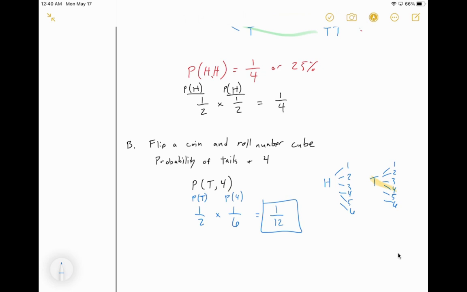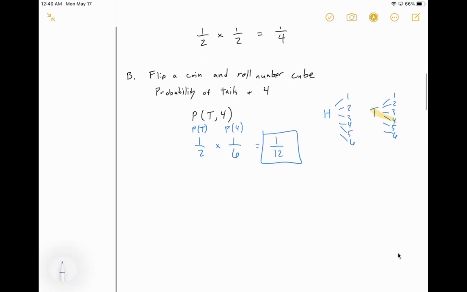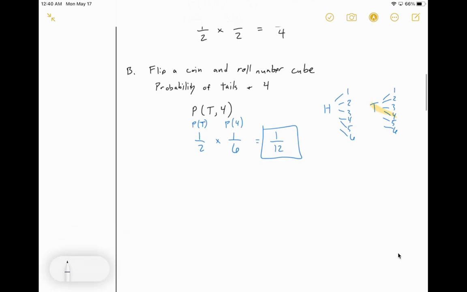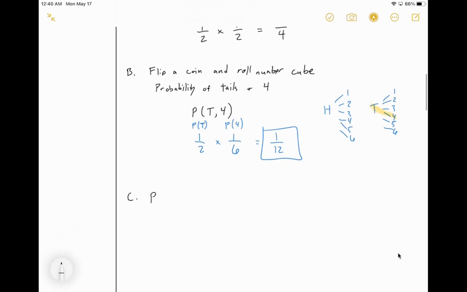And you can find the percentage by dividing and moving that decimal 2 places over. All right, let's do one more, make sure we got it here. What's the probability that you'll get tails, tails, and tails again? What's the probability that you'll get 3 tails in a row? So you're flipping a coin 3 times.